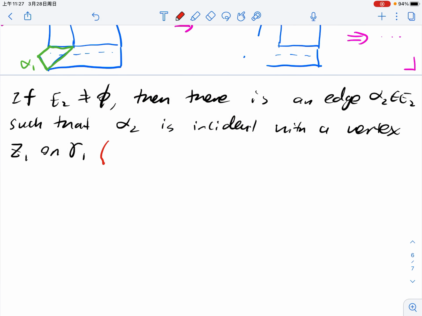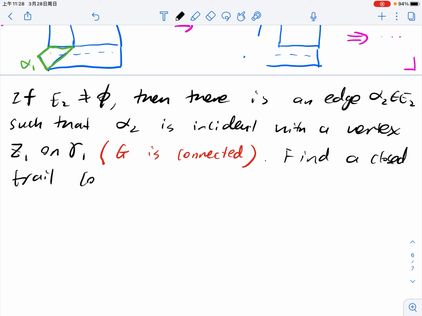This is because the graph G is connected. Then for this alpha 2, we can find a closed trail containing alpha 2 and define gamma 1 star gamma 2 and z2.